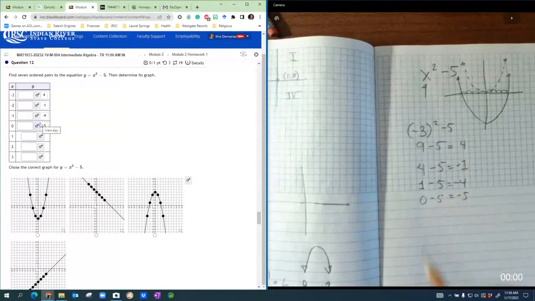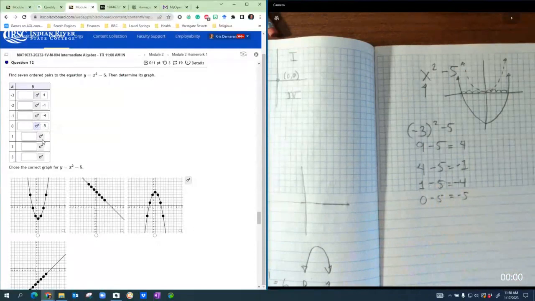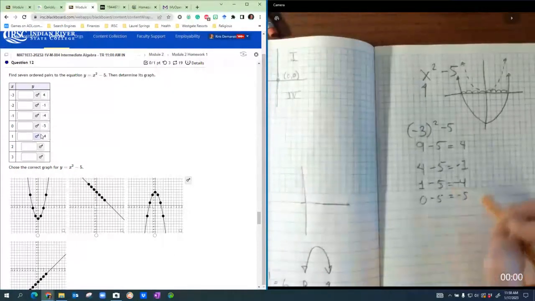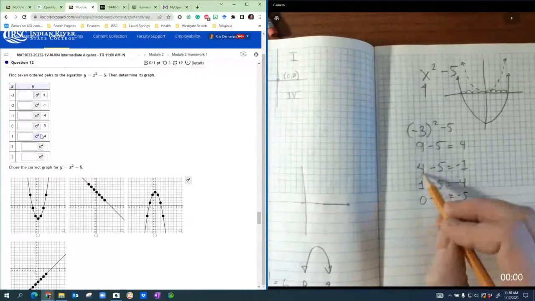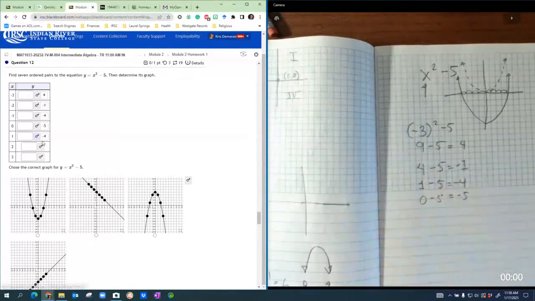But now watch what happens. If I go ahead and put 1 in there and square it, it's still going to give you 1 minus 5 is -4. So it's like a boomerang effect. It's going out as far as it can, and it's coming back exactly the same path, except on the other branch, I call it. If you put in 2, 2 squared is 4, 4 minus 5 is still -1.